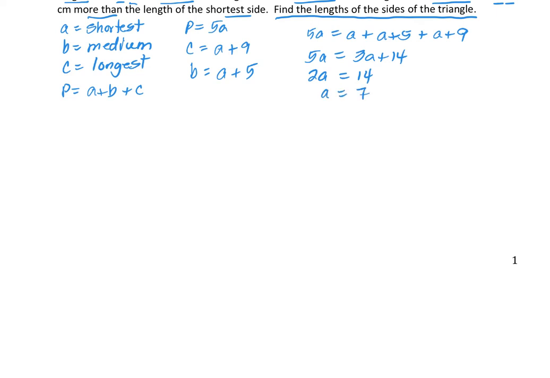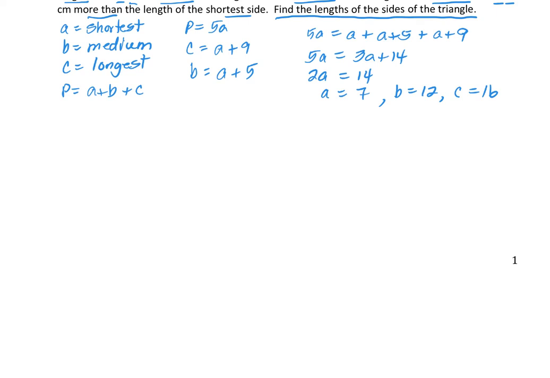So I found A. I still need to find B and C. I know that B is 5 more, so that means B is 12, and C is 9 more, so C is 9 plus 7, which would be 16. All of these answers are positive numbers. I don't get a negative or a 0, so they make sense to me.